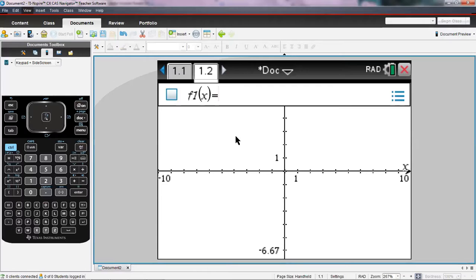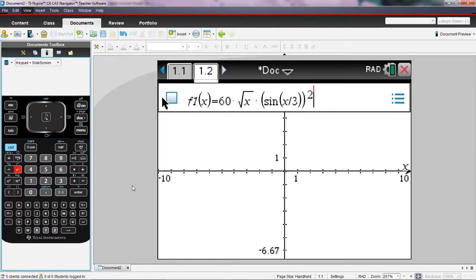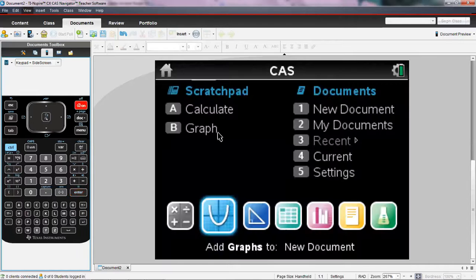So I'm going to type exactly this one: 60 times square root of x. So I'm going to put here the square root of x, then times parentheses, sine parentheses x over 3, x over 3, and then a square. Okay, now I can adjust the window. So let me just put here window zoom. No, right here.